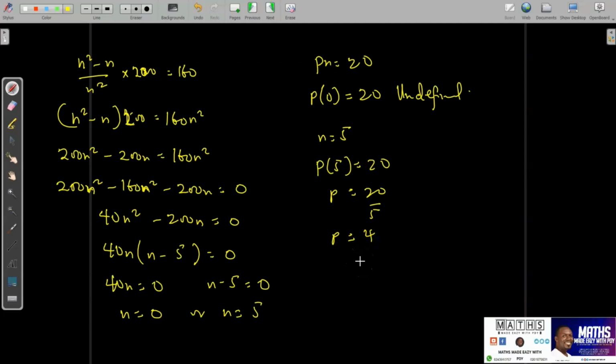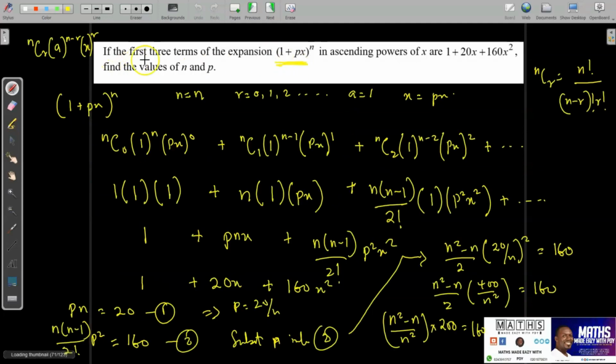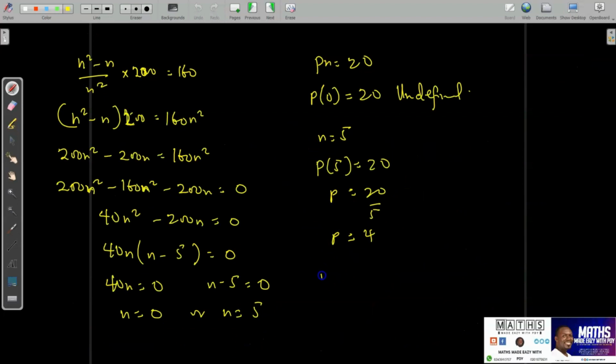So from whatever we're given, the first three terms of the expansion in the ascending powers of x is that finding the value of n and p. We've seen, therefore, that n must be 5, and then p will be equal to 4 for the expansion to be true.